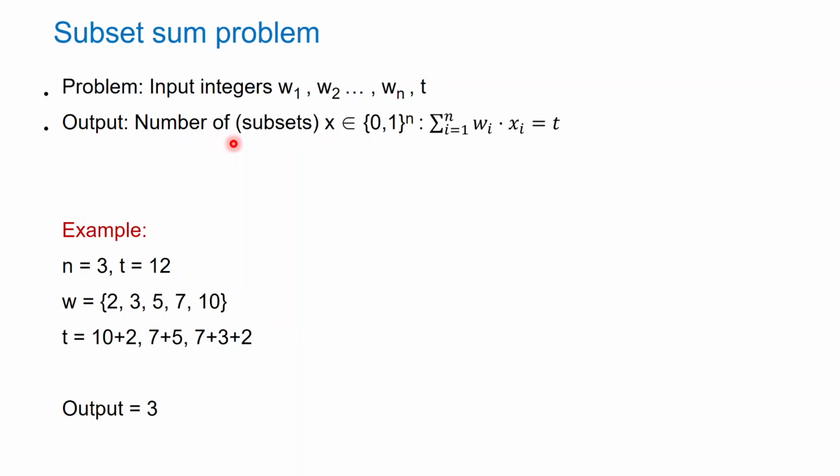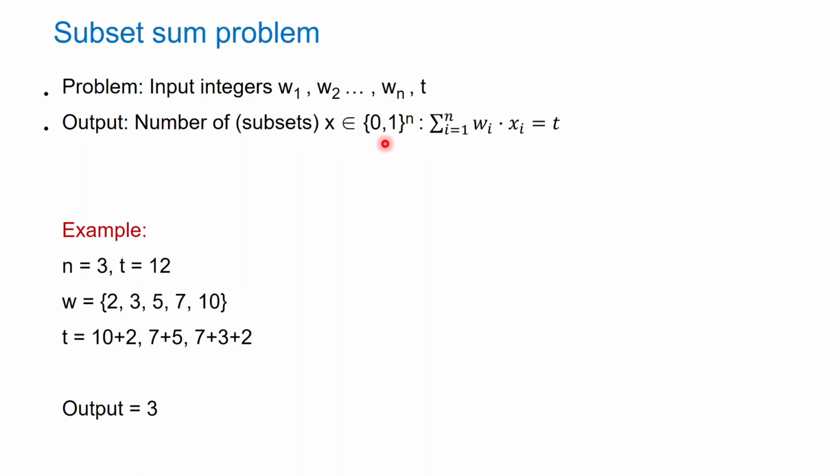The way in which I can write this is as follows. I can consider every string x of length n, made just of bits, as a subset of the elements from 1 to n. Okay?